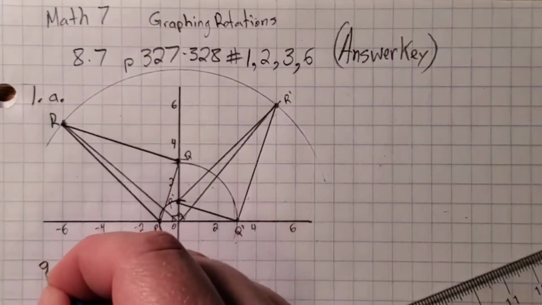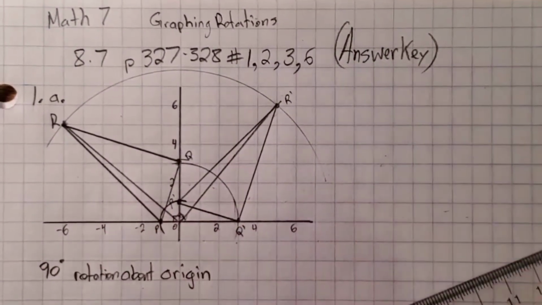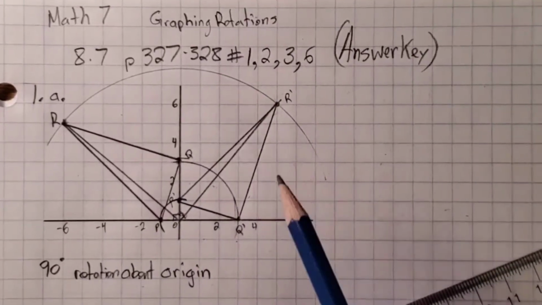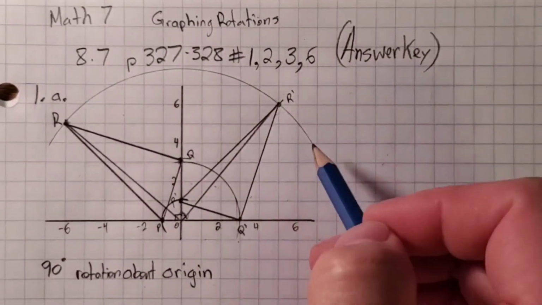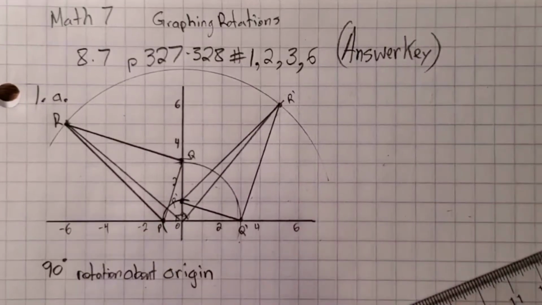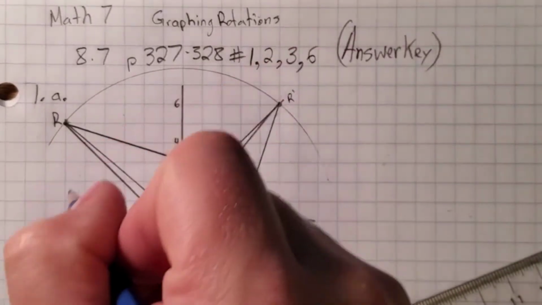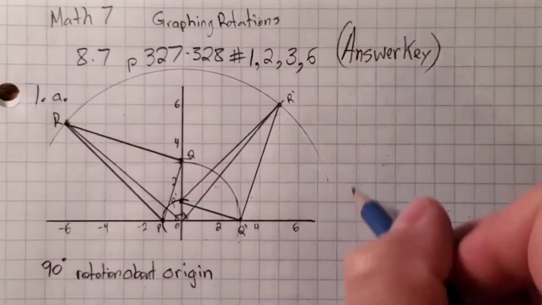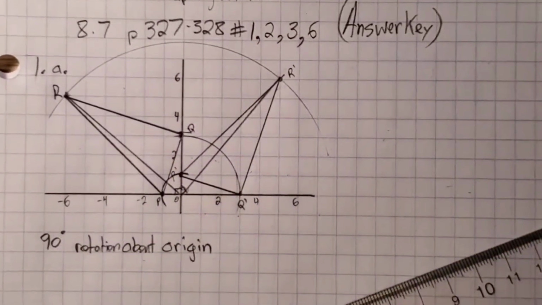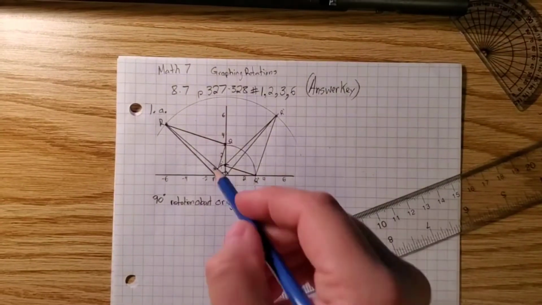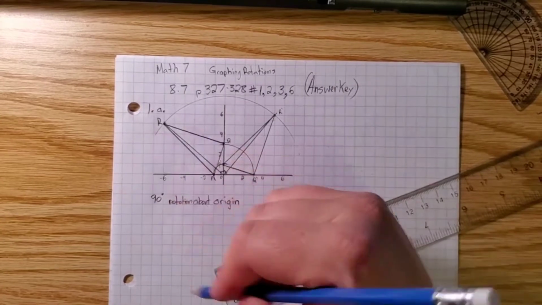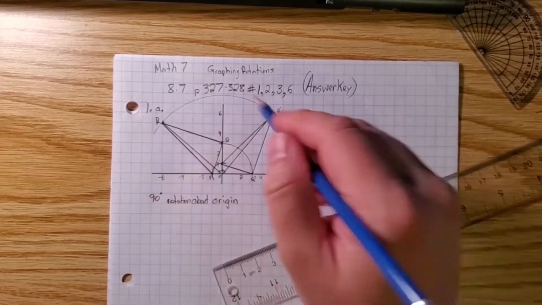So it's 90 degrees, but is it a positive rotation or a negative rotation? Remember, counterclockwise is positive, clockwise is negative.